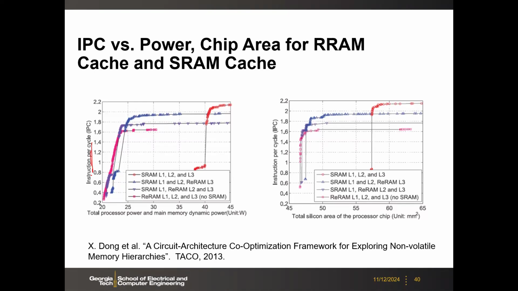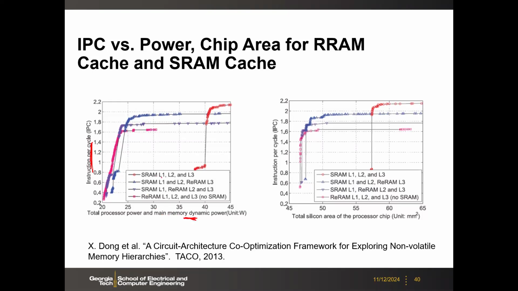The CPU operates on the ISA, right, the instruction set. So how many instructions can you execute per CPU cycle? That is the IPC, and the larger the better. So here you see that this has a trade-off with the dynamic power of the processor.